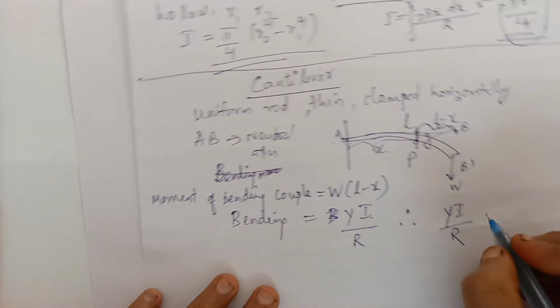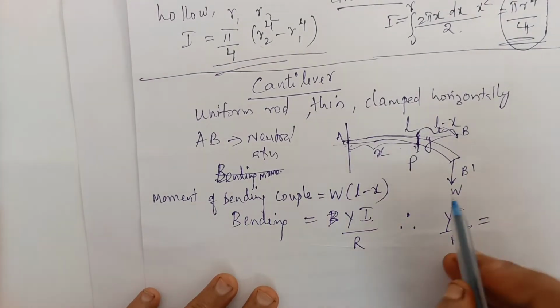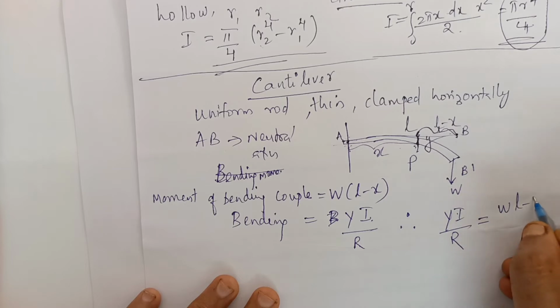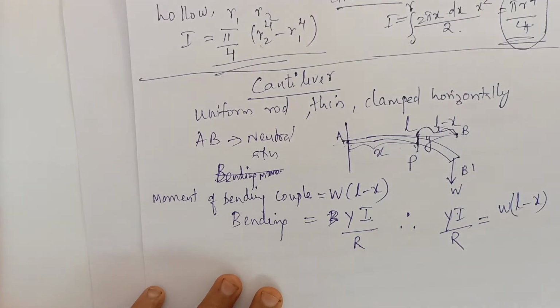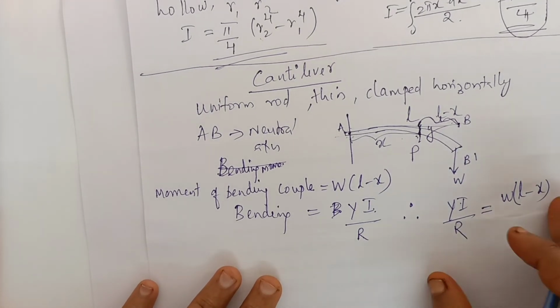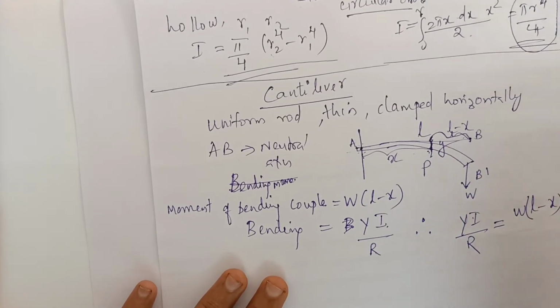The bending moment, when you are putting a load on the cantilever, will be equal to W into L minus x. We already know the expression for radius of curvature.